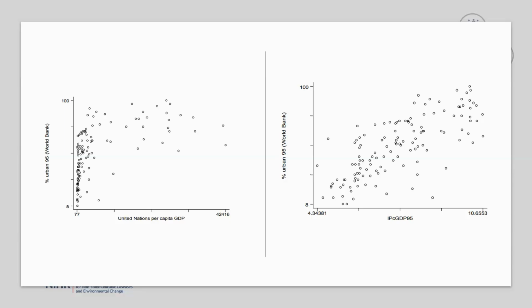So, for example, here the GDP has been converted to the log scale, and then when you replot the scatter plot with the log GDP and the percentage urban population, you get a linear kind of relationship. So when you do the regression now, your outcome variable is percentage urban population, but your independent variable becomes the log GDP.